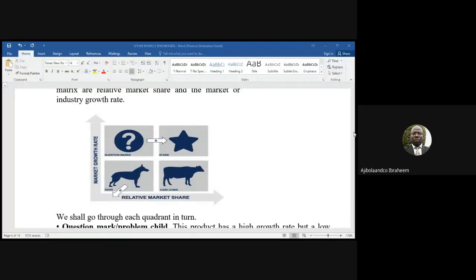If you stop at that particular time, the product might be off the shelf, because there are other factors. The success of those products is linked to growth rate and market share.